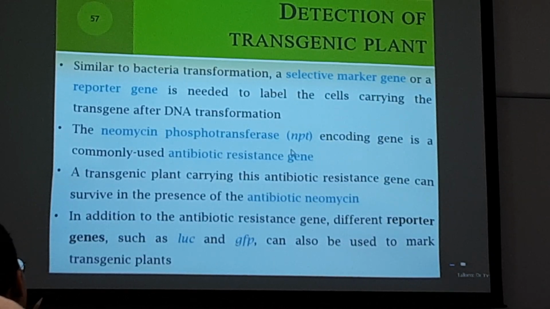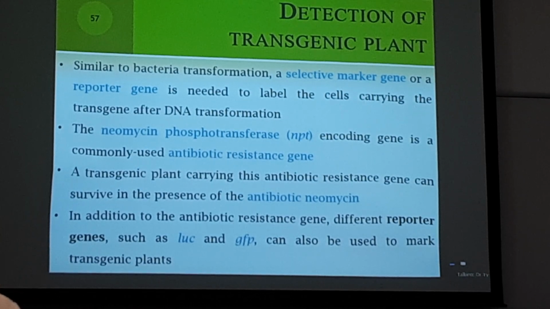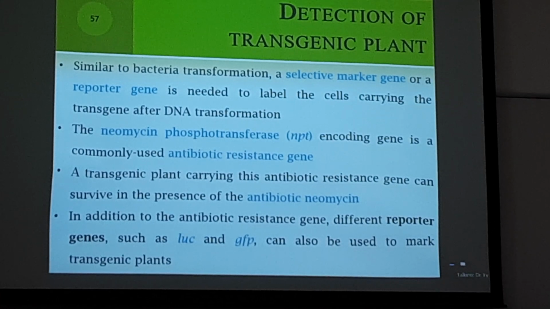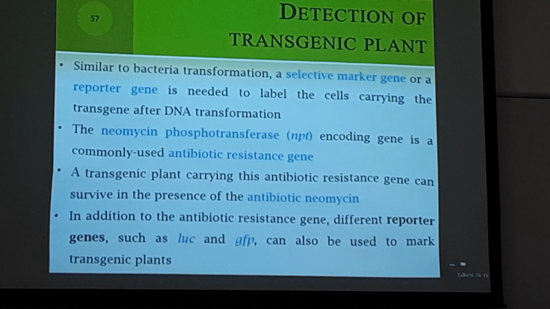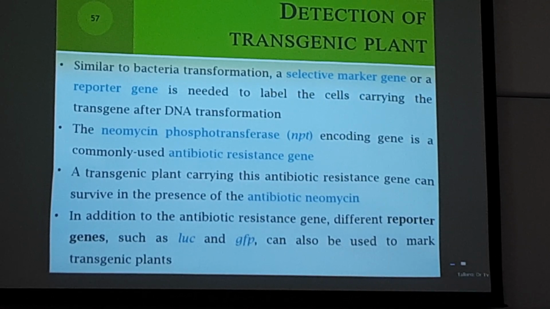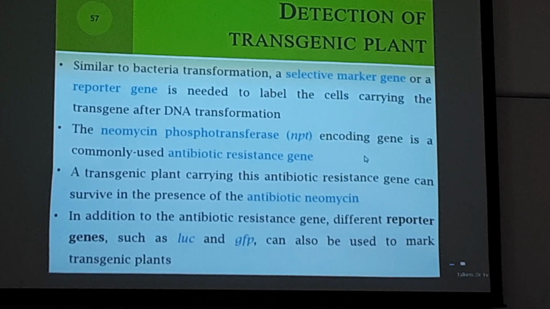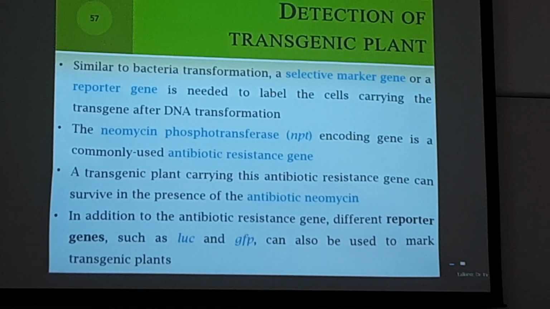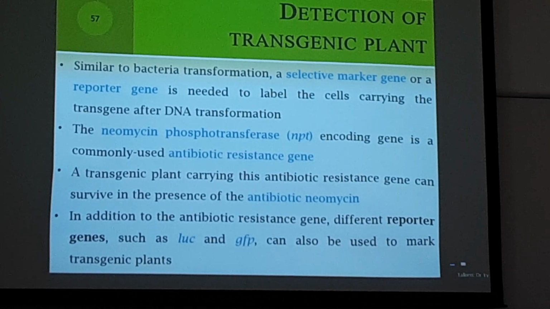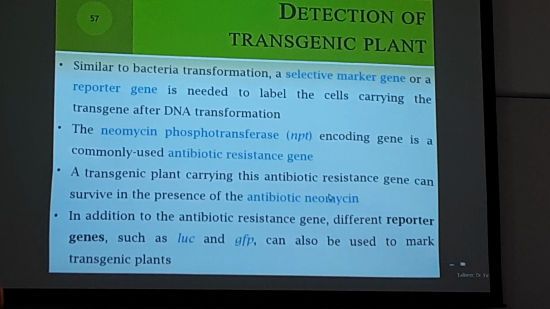Okay, and so no matter which method you use to produce a transgenic plant or try to produce a transgenic plant, you have to go through screening to detect which one is really transgenic, so that you can further culture that plant to produce transgenic offspring. So make sure you know how to detect for plants. We can have some genes added together with your target DNA, like ones producing antibiotic resistance, or reporter genes that allow them to light up and show themselves.